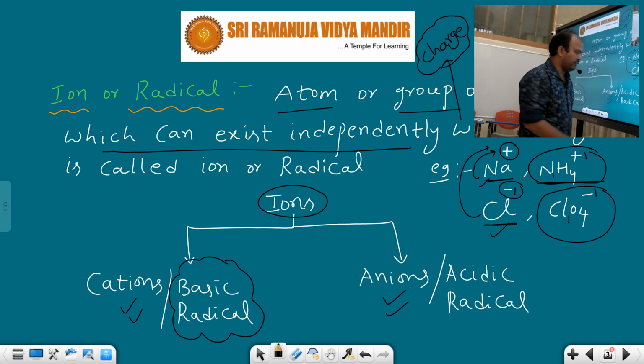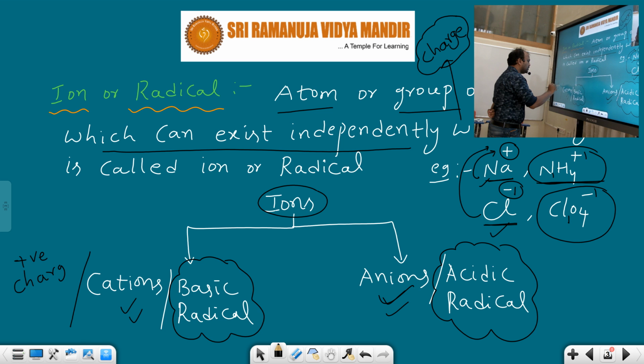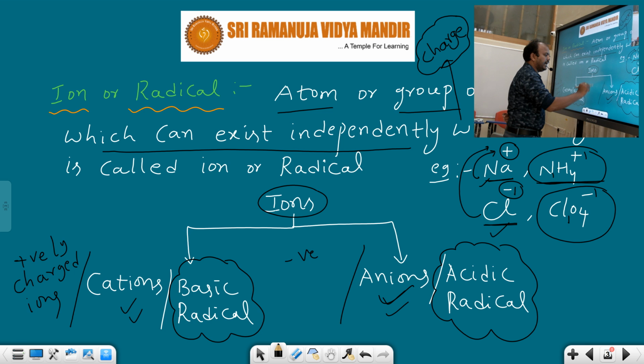Anions are also called acidic radicals. Cations are basic radicals, anions are acidic radicals. How can we know cations? Cations are positively charged ions. Anions are negatively charged ions.